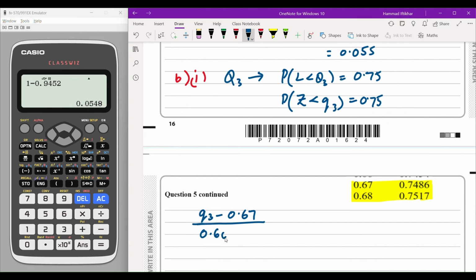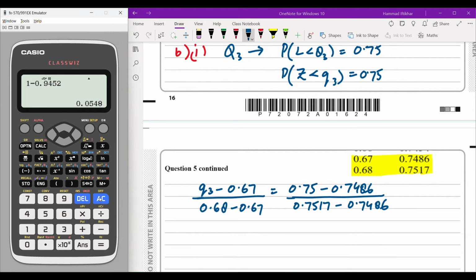So 0.68 minus 0.67 equals 0.75 minus 0.7486 divided by 0.7517 minus 0.7486. Okay.